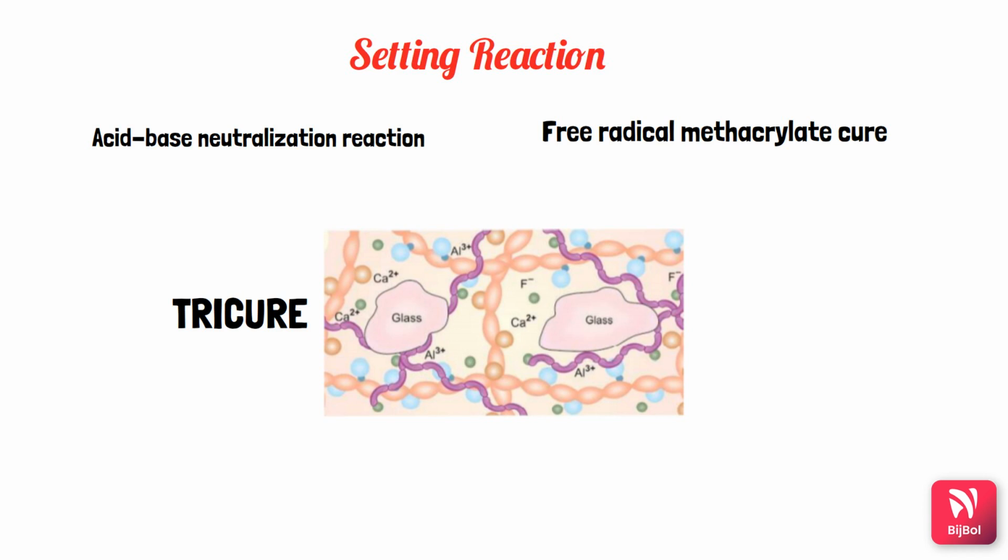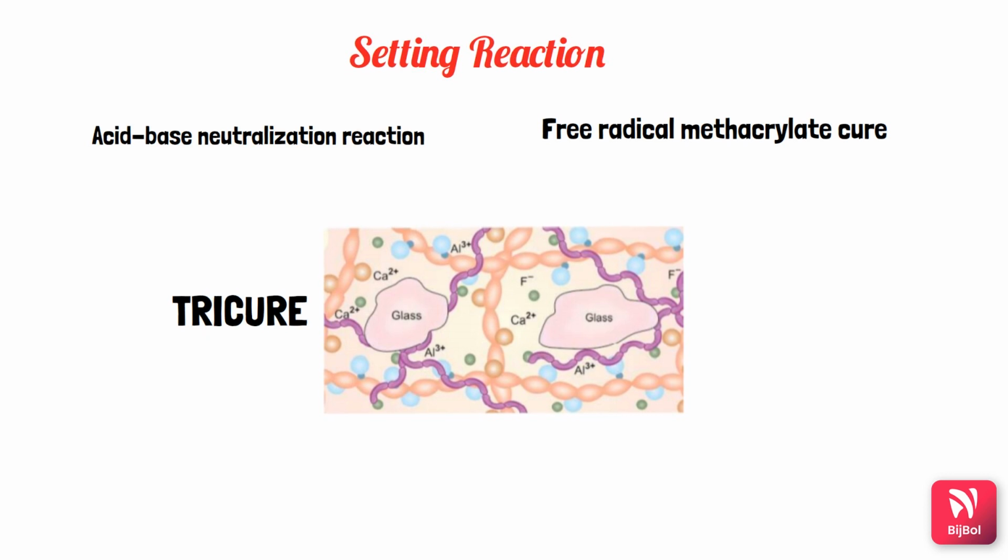On exposure to light, there is rapid cross-linking of the HEMA as well as the methacrylate groups of the polymer due to the photoinitiators present. This will bring about the command set of the material. Over the next few days or weeks, both the chemical reactions continue till a stable structure is obtained.